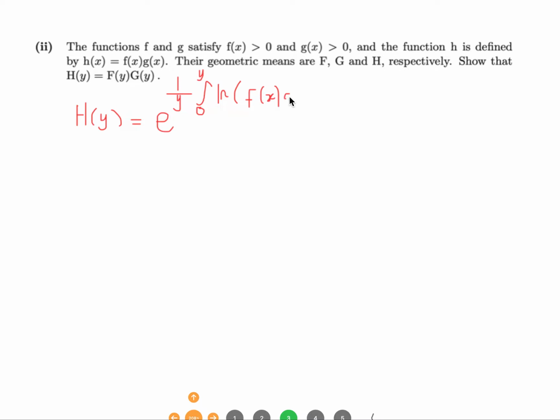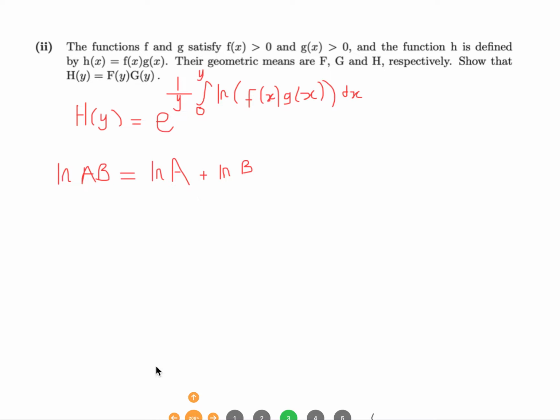Okay, I can already see, and maybe you can already see, how this part's going to fall out. We should know that ln of a times b can be written as ln of a plus ln of b. So this is going to be able to be split up.